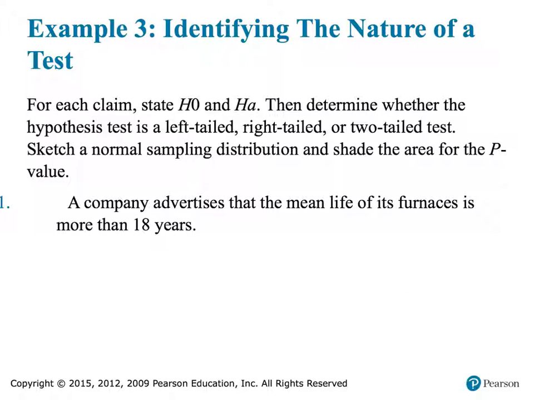Here's another. A company advertises that the mean life, again it's about means, so our null and alternative will be claims about mu. The mean life of its furnaces is more than 18 years. More than is an inequality. The inequality always goes in the alternative, so the claim is in the alternative here.